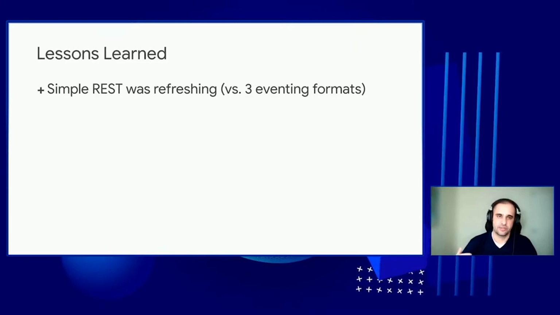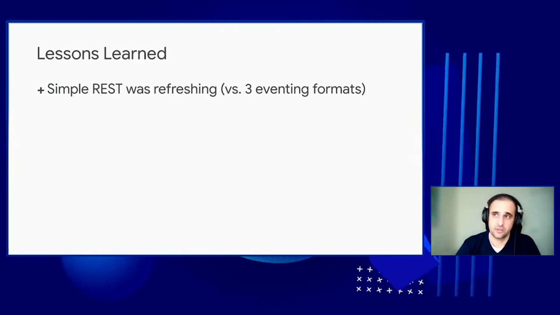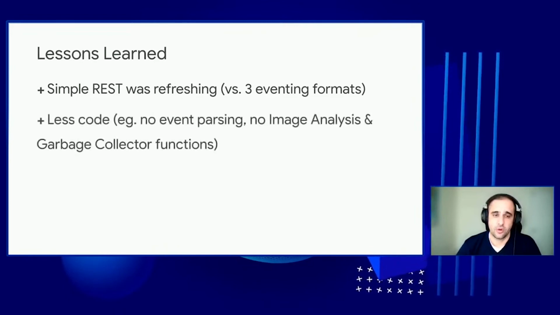Let's just deal with simple HTTP calls. And that was quite refreshing. So we could stick with simple HTTP POST requests. Of course, we had to still parse the POST request body, but it was much easier to deal with than dealing with CloudEvents or Pub/Sub messages or anything like that.